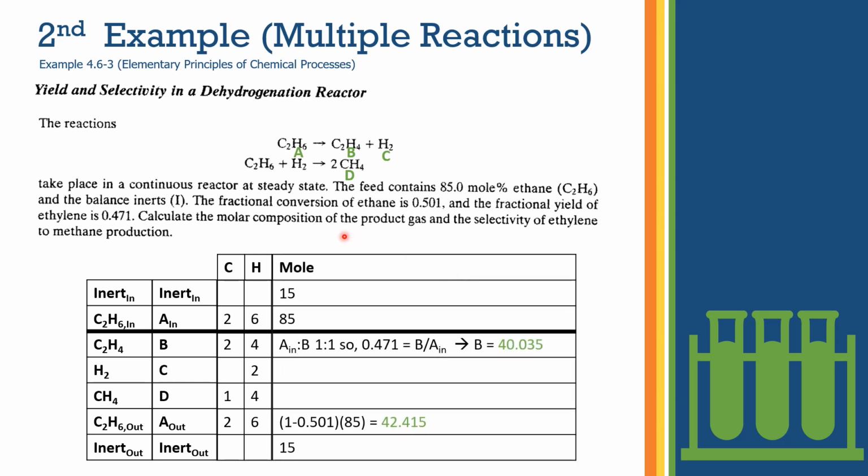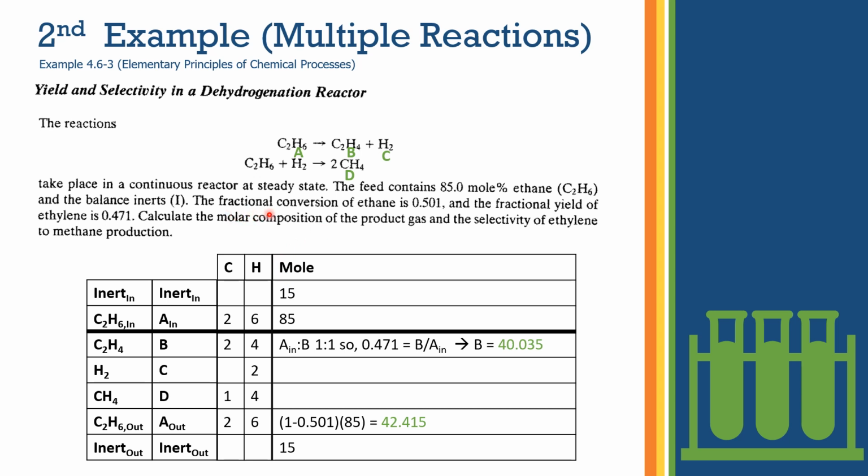Now let's use the given moles and given information. So the feed contains 85% moles of ethane. If we specify a basis of 100 moles, for the ethane it is 85, and for the inerts it's 15.